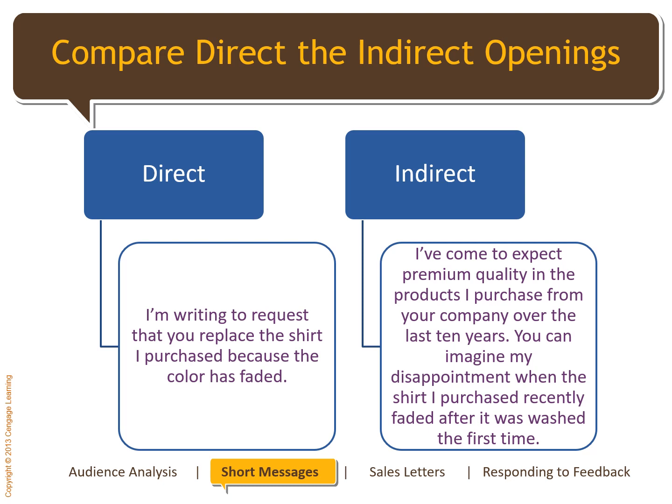And you can imagine my disappointment when the shirt I purchased recently faded after it was washed the first time. So you are appealing to their emotions, you are appealing to their credibility, whatever it is that you're trying to use in order to convince them of the reasons why your request should be considered.